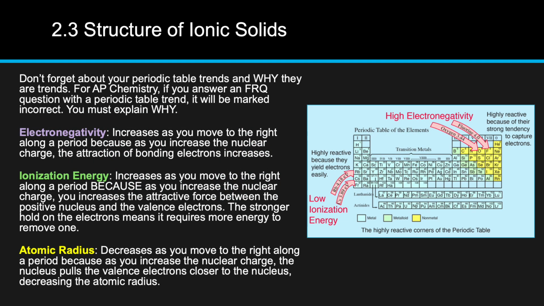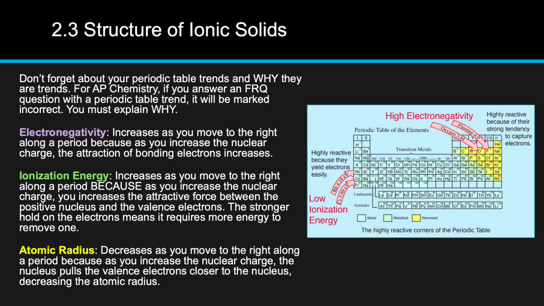And before we do some practice problems with 2.3, I wanted to remind you that if you are ever comparing substances and you want to compare electronegativity, ionization energy, or atomic radius, please remember that you are not allowed to say just because it's a trend. If you answer the question with because it's a trend, you will get it wrong. You need to know why it's a trend and you need to explain it.